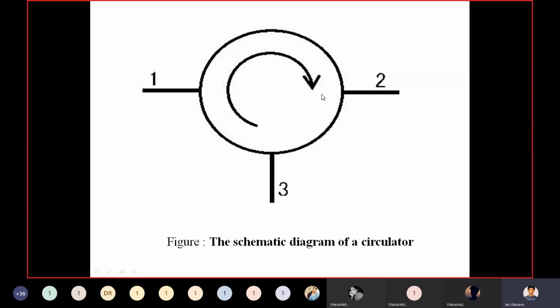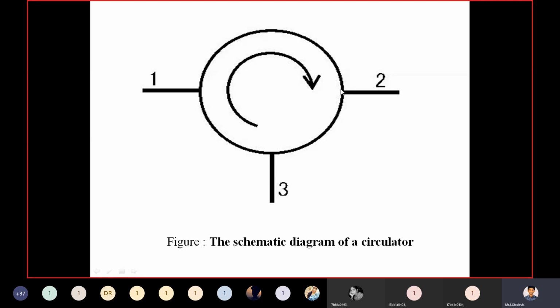Because the device is a circulator, the signal will travel in a circular manner, from this point to this point.